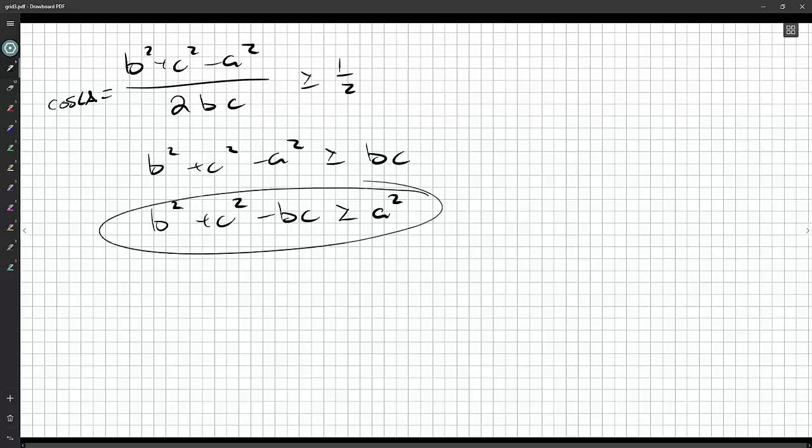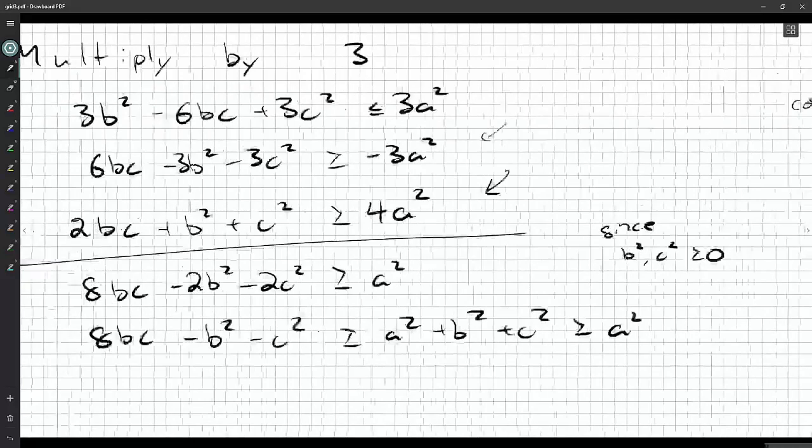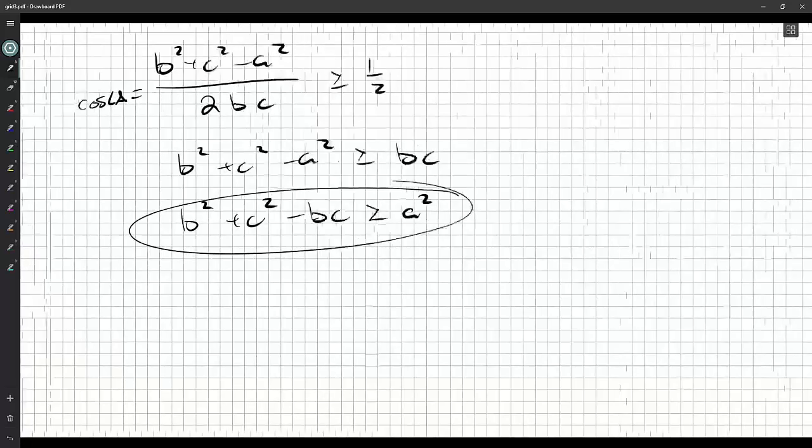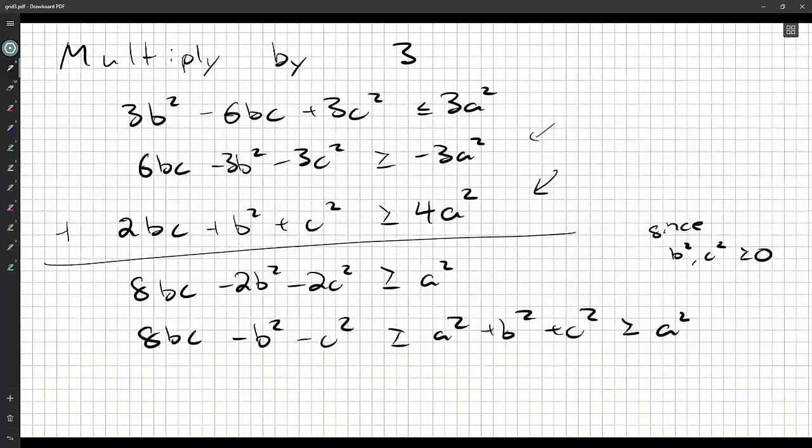This is what I need. I've got something greater than or equal to a squared. The problem is the b's and the c's are not facing the right direction. They need to be positive b's and positive c's.